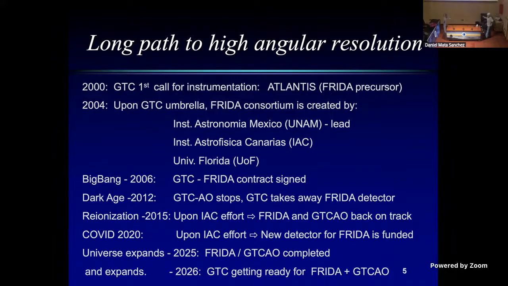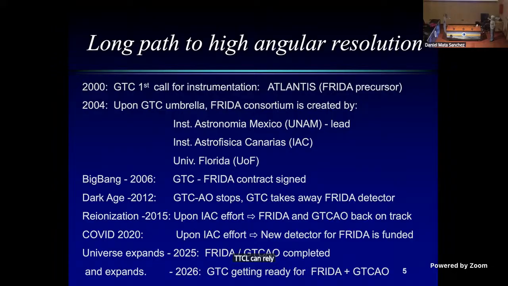So no detector and no GTCAO, you can imagine, was quite frustrating. But then in 2015, with the effort of the institute, in particular the director Rafael, there was funding from the Gobierno de Canarias that came to our rescue, and so GTCAO came back.